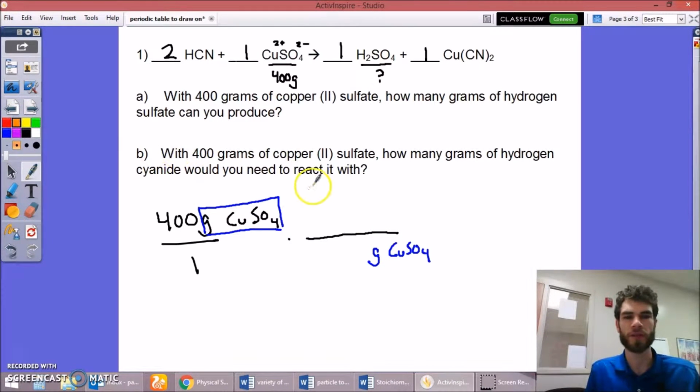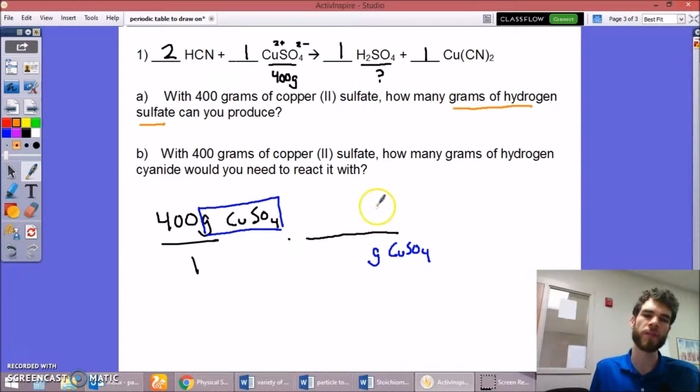Okay, now I'm going to change colors here. Wherever you want to go from here is what goes on the top of this fraction. So you would really like to go to grams of hydrogen sulfate. That's what is being asked for. But you can't go directly from grams of copper sulfate into grams of hydrogen sulfate. You have to go through moles first.